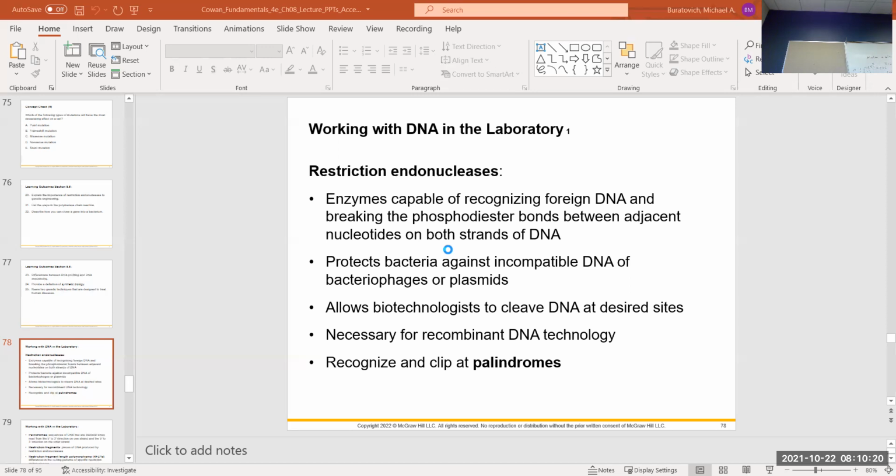Now, what if you wanted to clone something that comes from messenger RNA? You need a way to make DNA from RNA. Fortunately, reverse transcriptase is available to do that, and there are commercially available reverse transcriptases you can buy from many different companies.